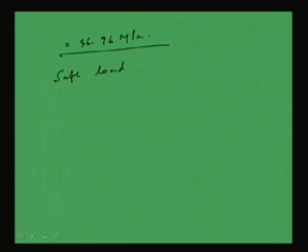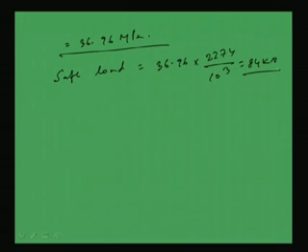Safe load will become area into the allowable working compressive stress. Allowable working compressive stress is 36.96 and area is 2274, and I am making it kilonewton, so I am dividing by 1000, which is coming 84 kilonewton, which is less than the applied load. What is the applied load? Applied load was 120 kilonewton.